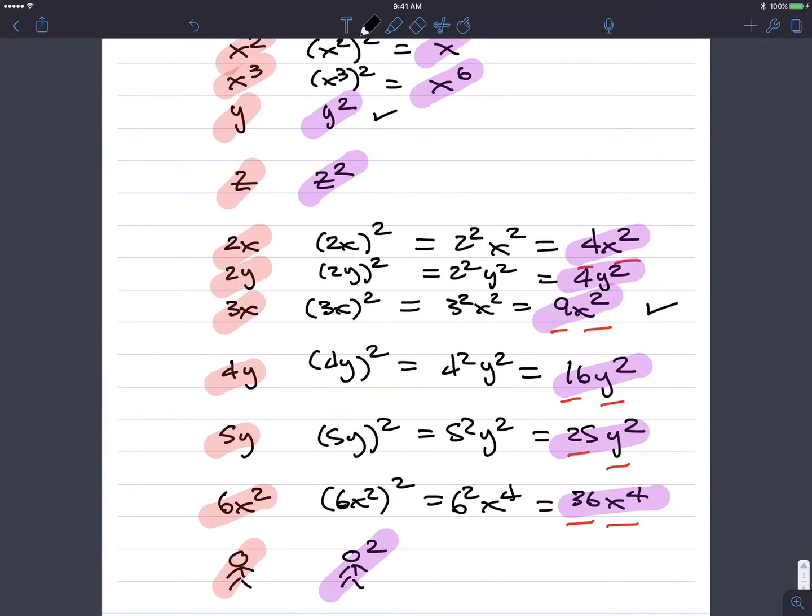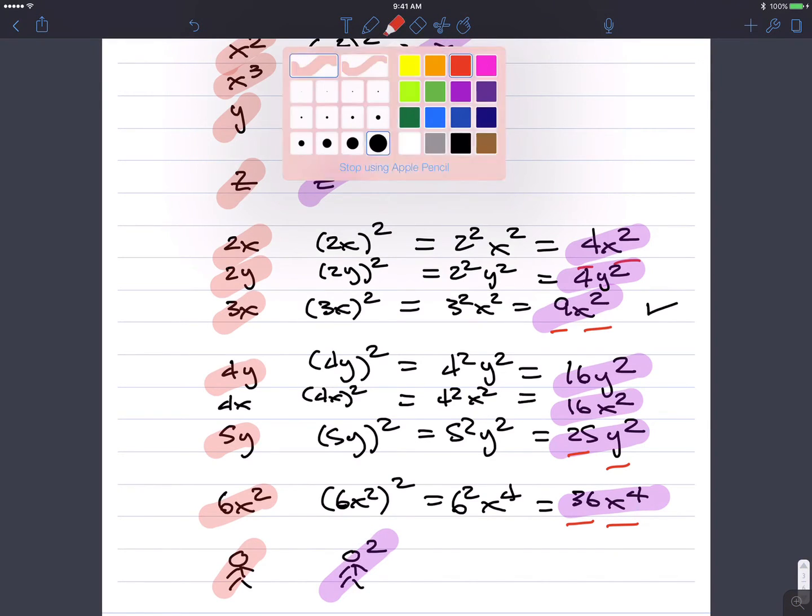No, 16y squared's on the list. Guess what I can do? Take 4x, square it. 4 squared x squared, I get. You guys know what I get here? 16x squared. That is a perfect square.